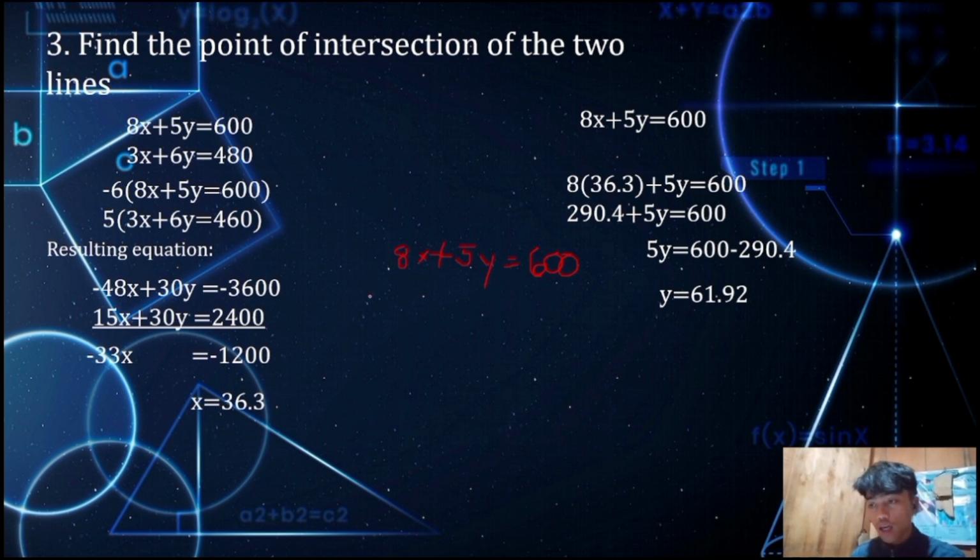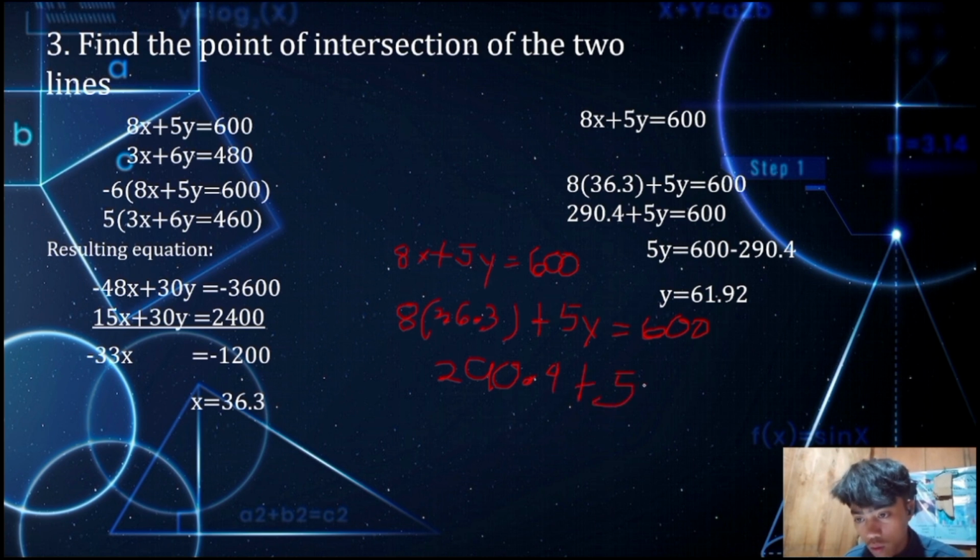So, yung x natin dito ay magiging 8 parenthesis 36.3 plus 5y equals to 600. 8 times 36.3 is 290.4 plus 5y equals to 600.